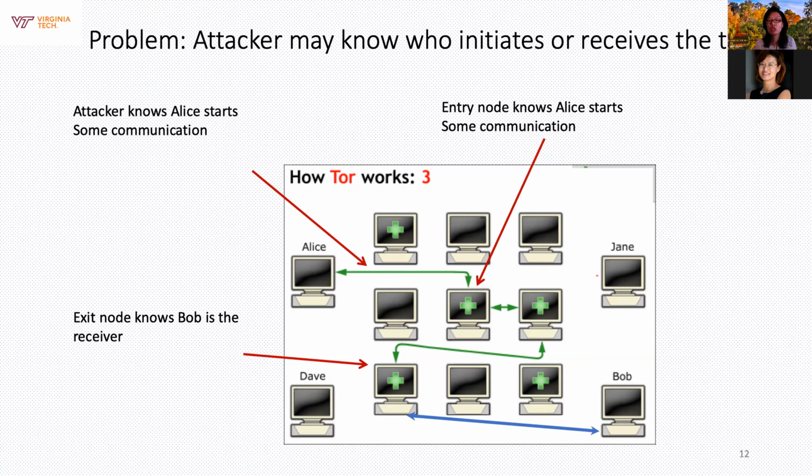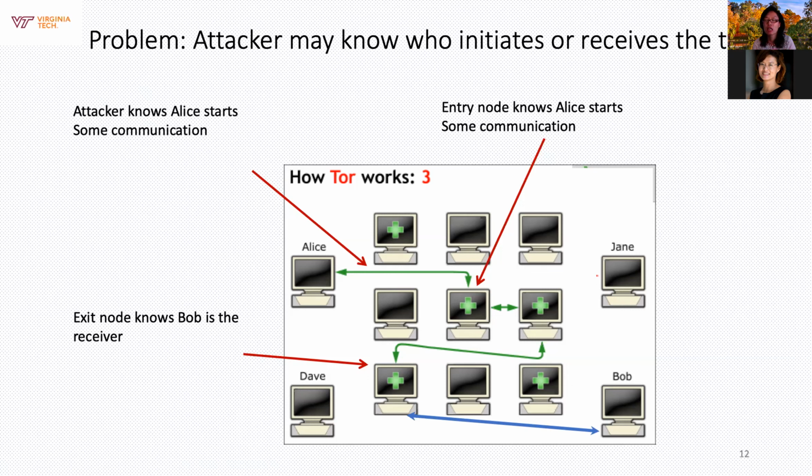And so the attacker would be able to know that Alice starts to send some messages, by eavesdropping on Wi-Fi, maybe on the same Wi-Fi as Alice, maybe at Starbucks, or Alice's neighbor. And in the meantime, the attacker may also know that after a few seconds, a few milliseconds, Bob will receive a request. And so this could be correlated.